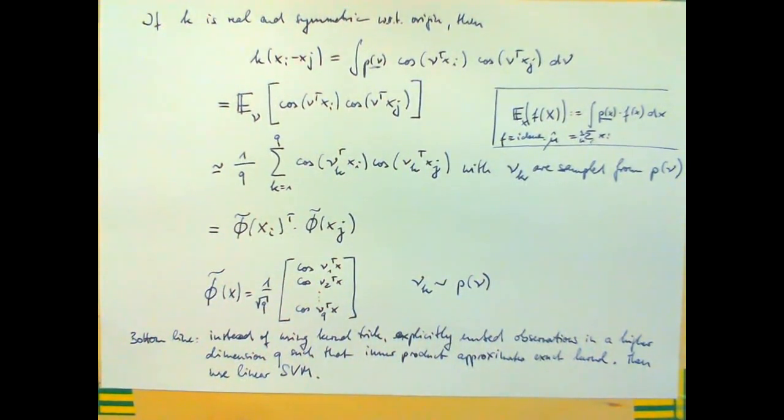And q was the number of points that you sampled.